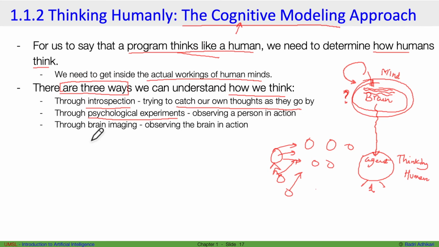The next is through brain imaging. That is, we put a person's brain through machines like fMRI, and then investigate what's happening inside someone's brain.